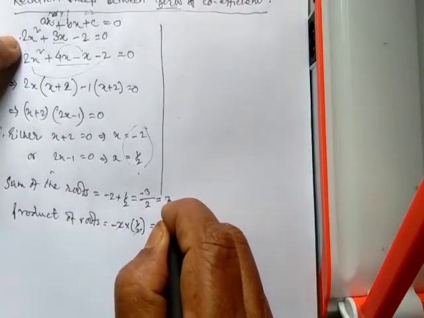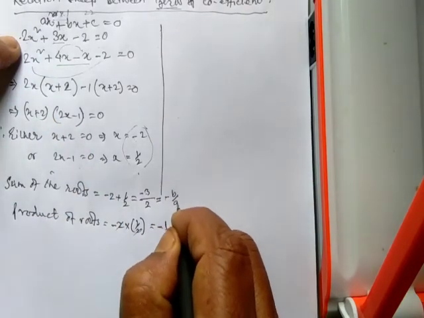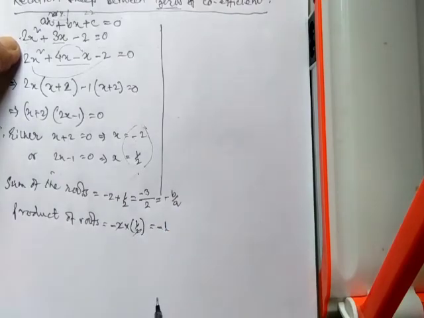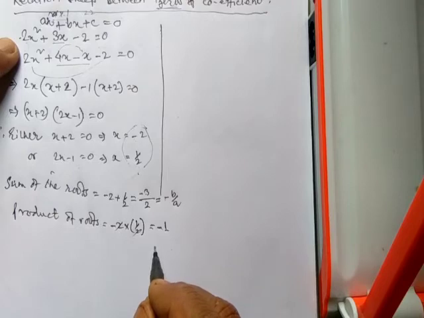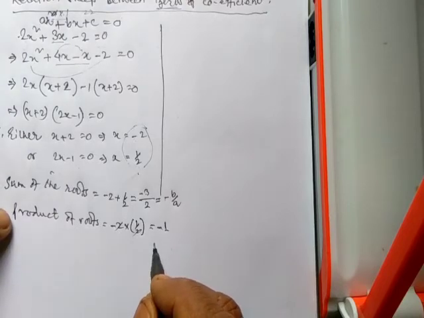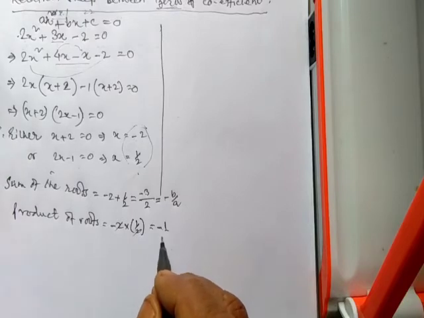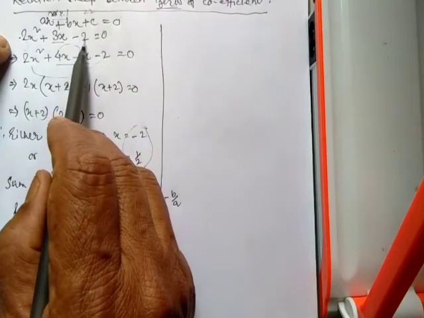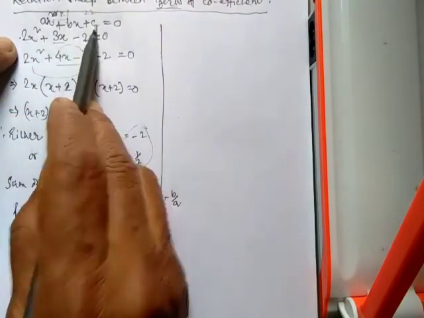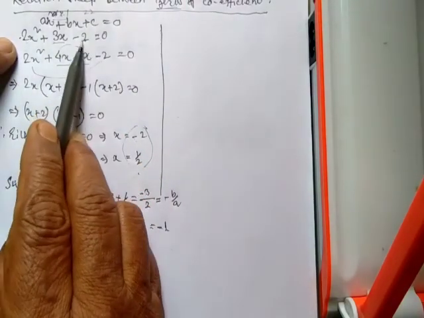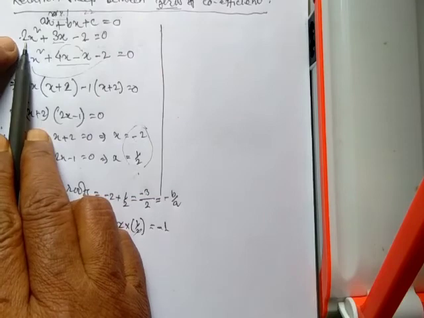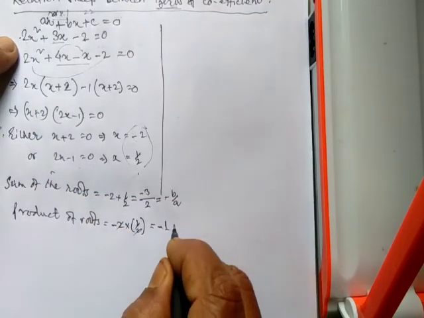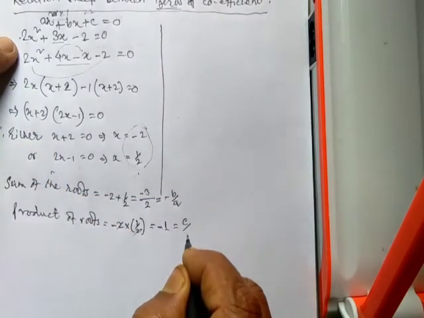This one I am writing as minus b by a. Next, the product of the roots is minus 1. Minus 1 means c by a.